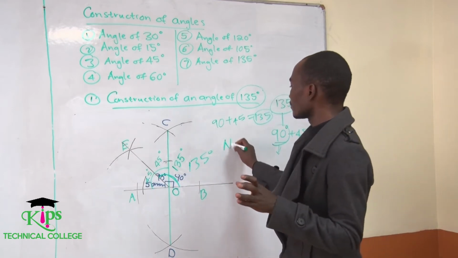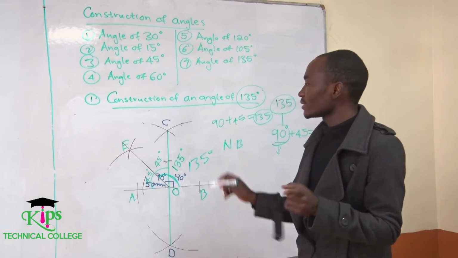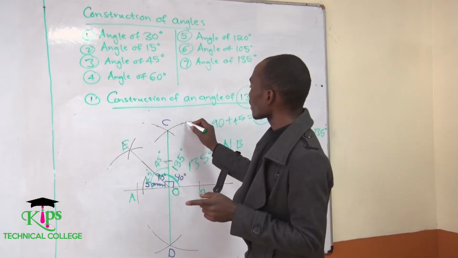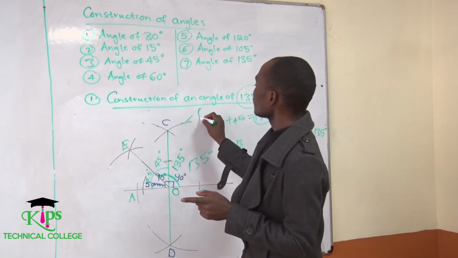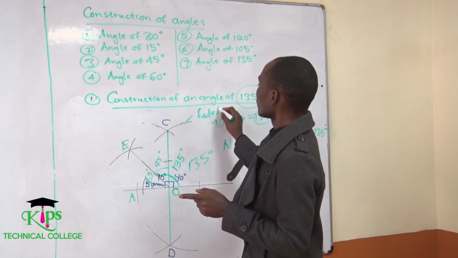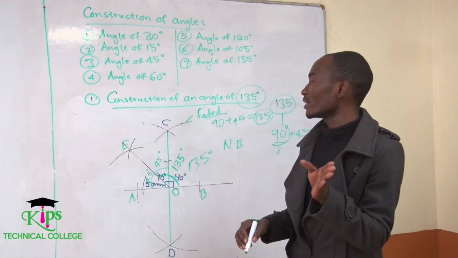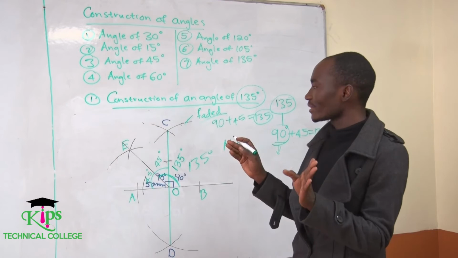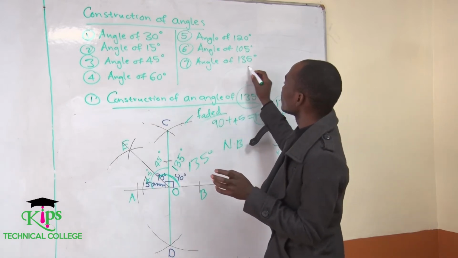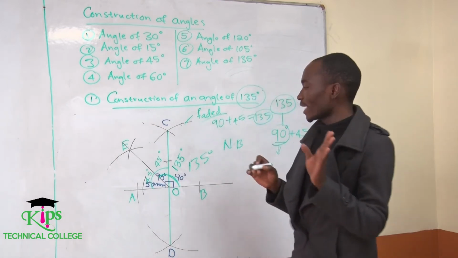Another note, ensure that these arcs are faded. Again, I said faded means they should not be clear, they should be very thin with a very sharp pencil.